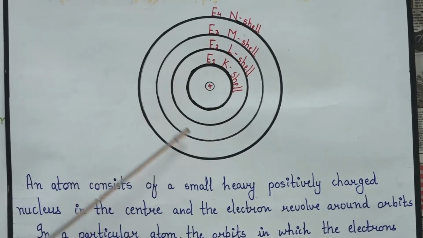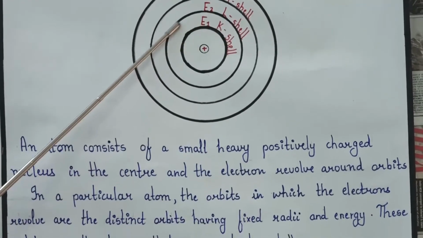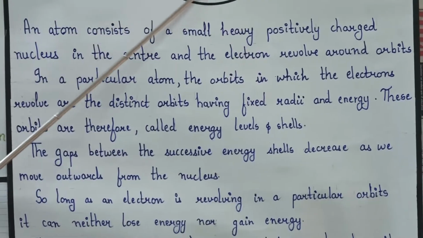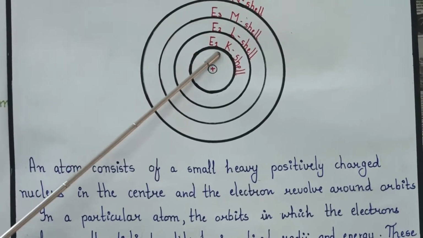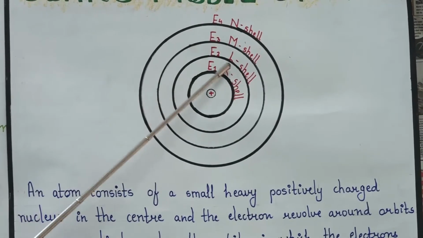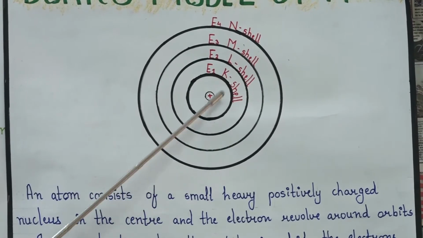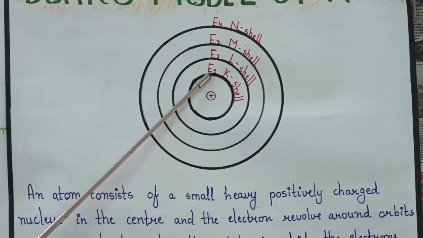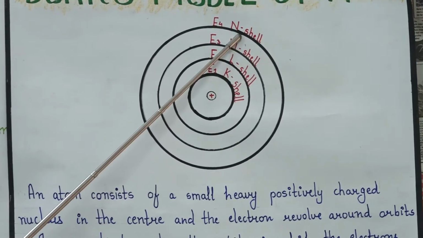In a particular atom, the orbits in which the electrons revolve are distinct orbits having fixed energy. These distinct orbits are therefore called energy levels or shells, and these are numbered as 1, 2, 3, 4, or named by letters K, L, M, N.